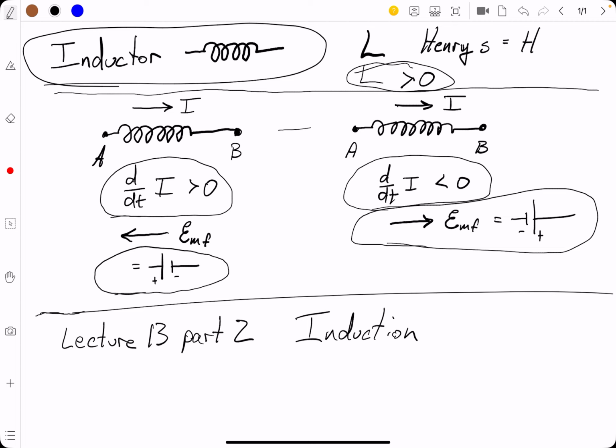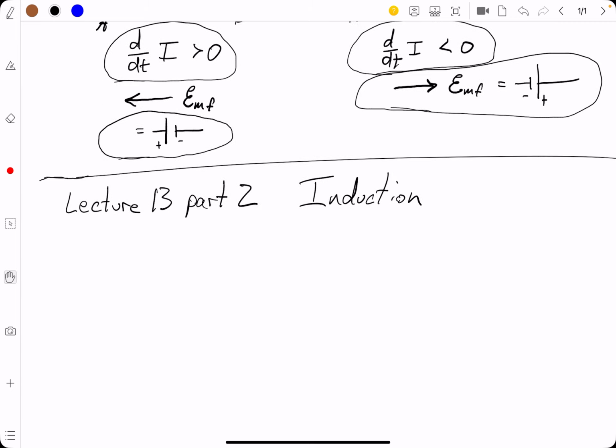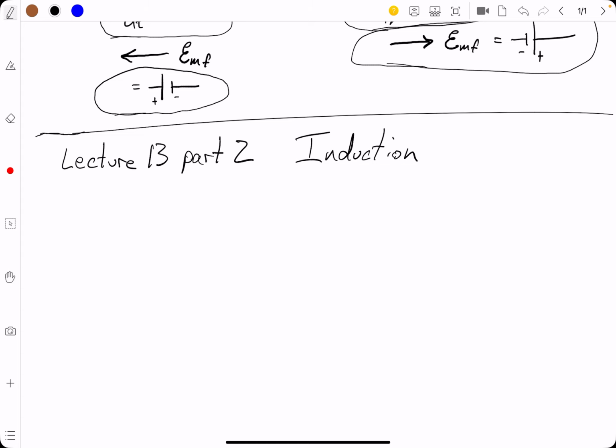So let's do an example. And essentially this is example 14.2 in the book, but I made a little bit of changes to it. So you can go if you want to. Of course, I think you should. Go to example 14.2. And let me just write out what we know about the situation. So we've got an EMF of 20 millivolts. We've got N is equal to 50 turns.